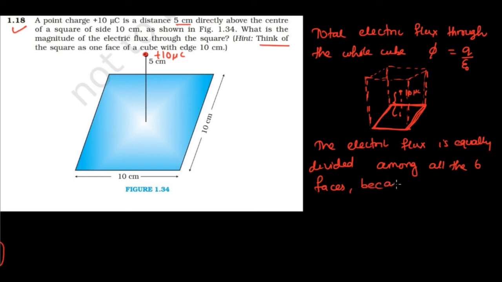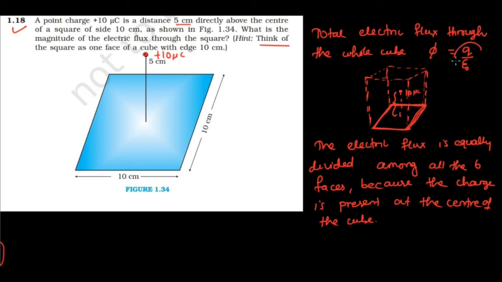Because the charge is present at the center of the cube, so the electric flux is equally divided among the 6 faces, and this is the total electric flux.